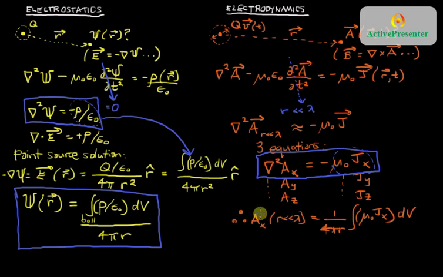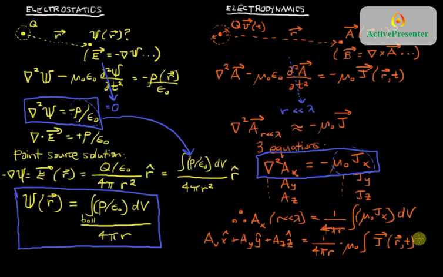Now exactly the same solution is going to apply for the y and z components of the vector potential. So if I add those three solutions together, I get 1 over 4 pi r times mu naught, which I'll pull outside of the integral, and then the integral of j_x x hat plus j_y y hat plus j_z z hat. I'll skip ahead and write that as a vector j, integrated over all volume.